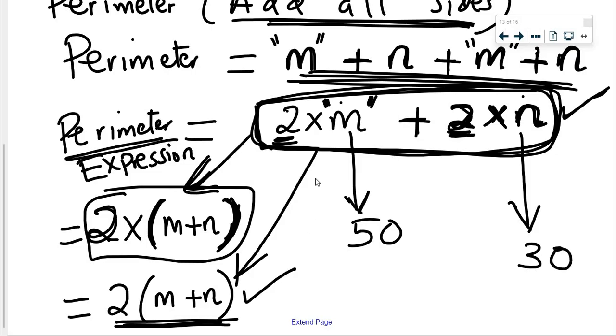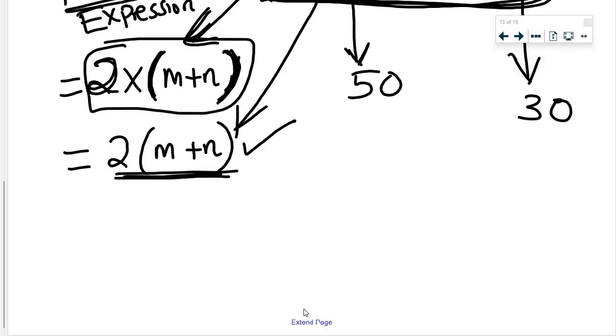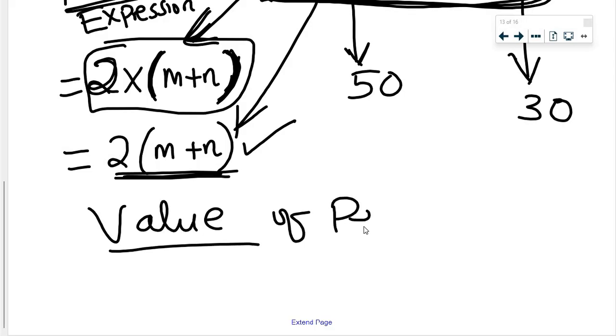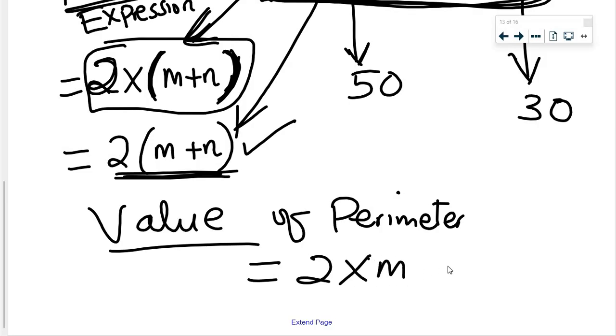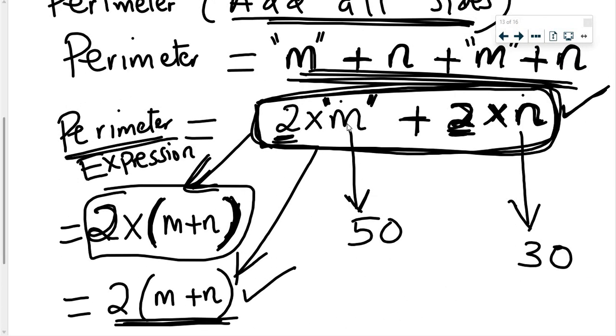To do this, we are calculating the value of the perimeter. So here we write value of the perimeter. Remember, the expression for the perimeter is 2 into m plus 2 into n. Now, we are going to replace m by 50, n by 30.